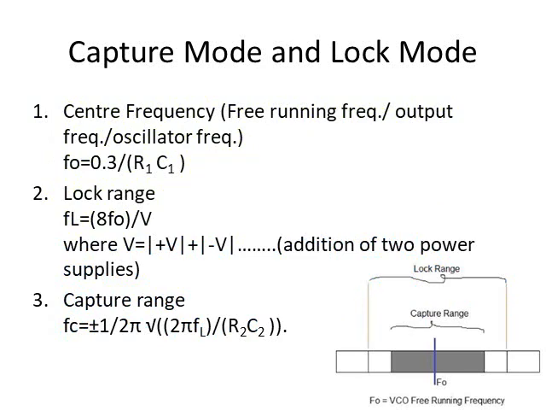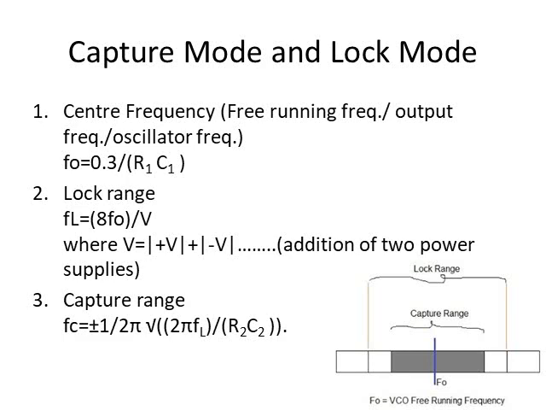The center frequency or free running frequency of the voltage controlled oscillator output is F0 = 0.3 divided by R1 into C1. Then the lock frequency range FL = 8 F0 divided by V, where V is the total voltage, V = +V plus -V, that is the applied input power.